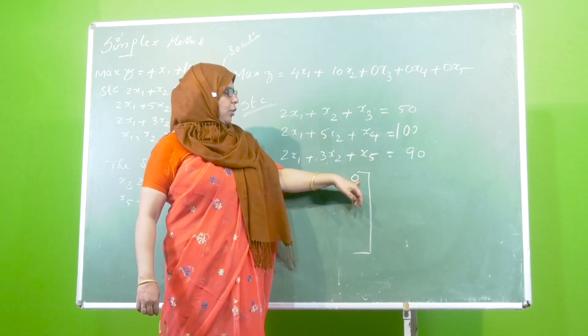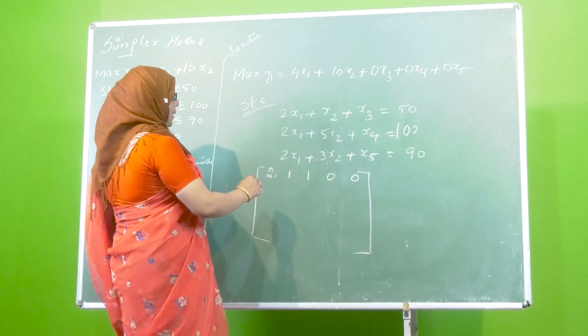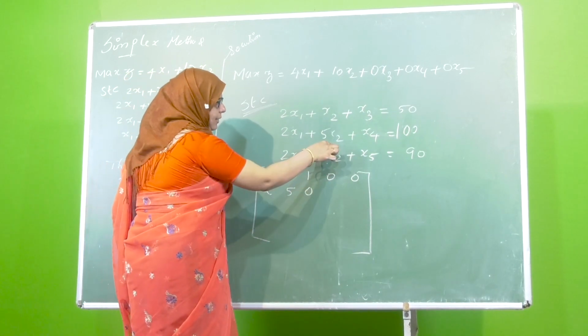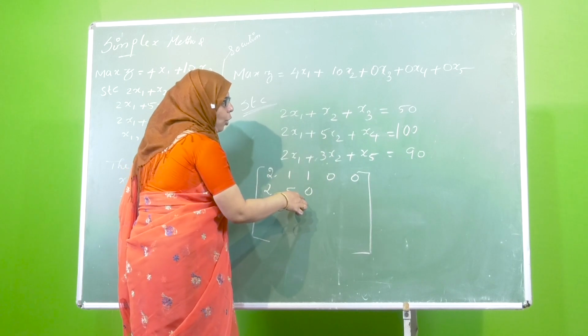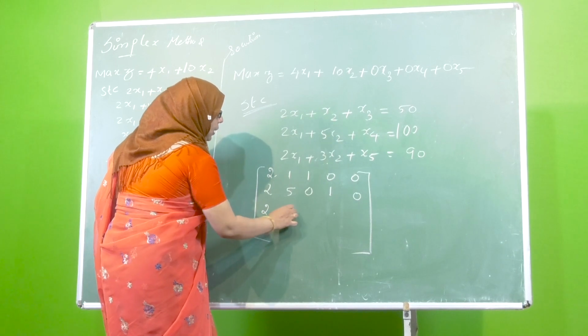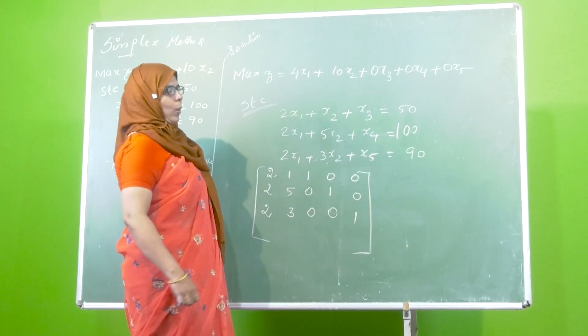The second row is 2, 5, 0, 1, 0, since x3 is not present in the second inequality. The third row is 2, 3, 0, 0, 1.